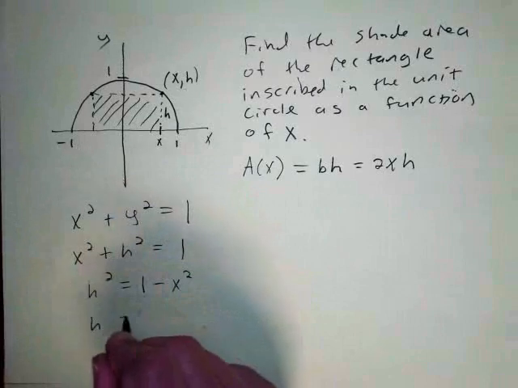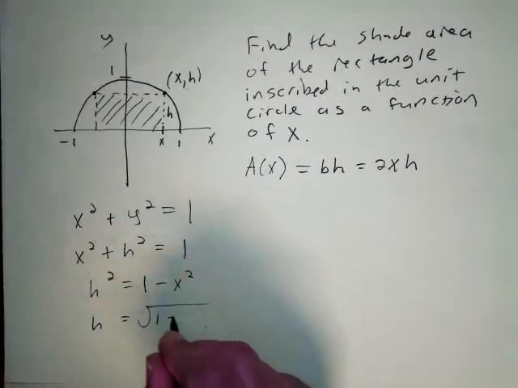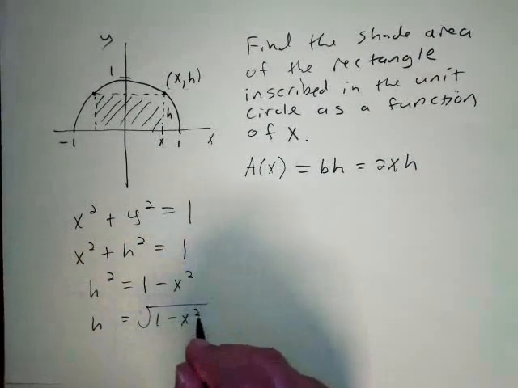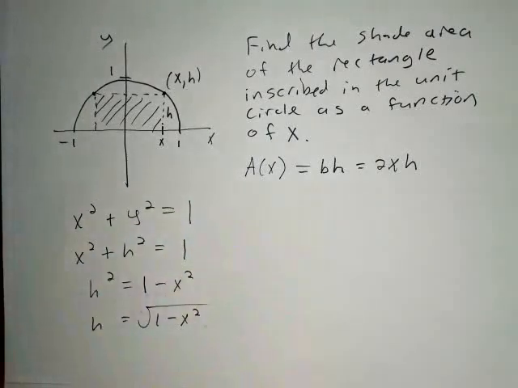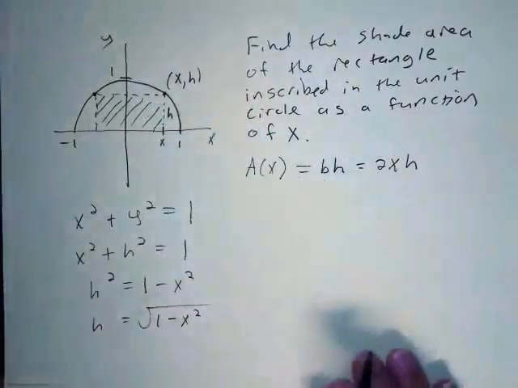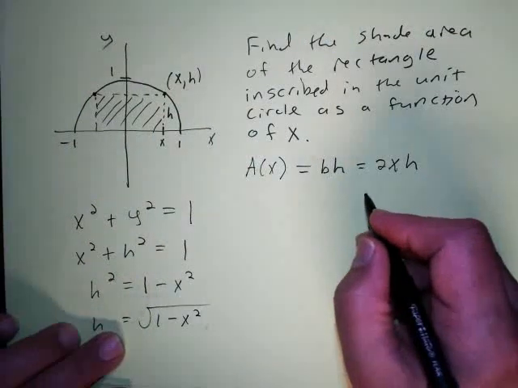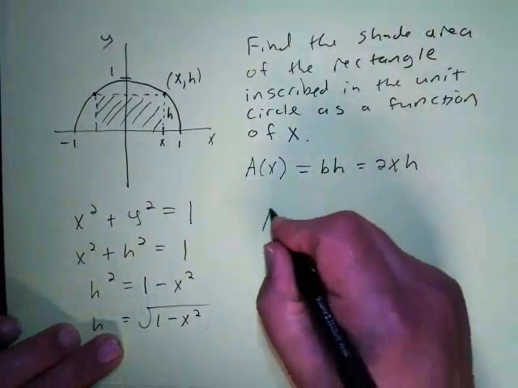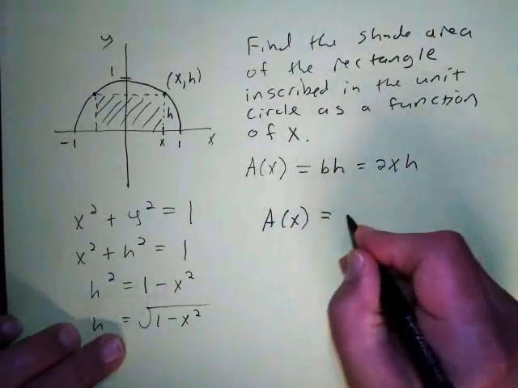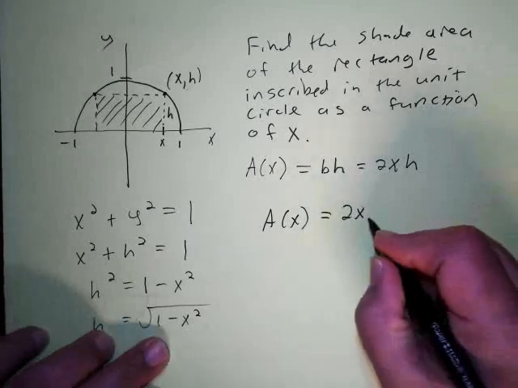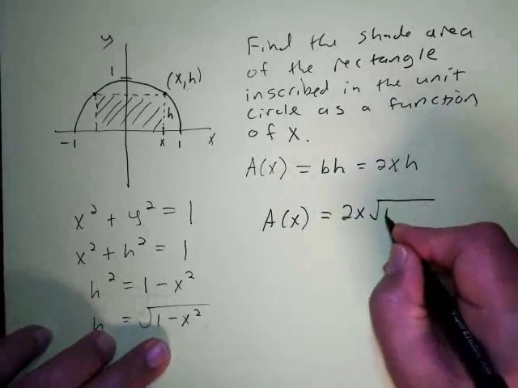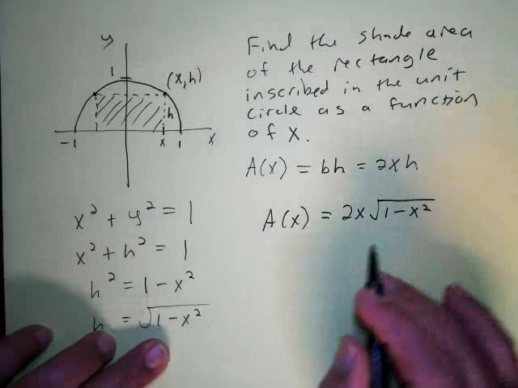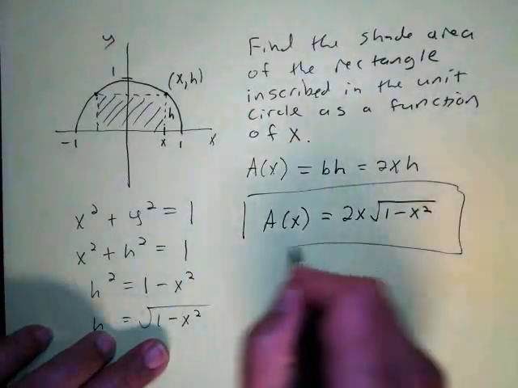And then my h here would just be the square root of 1 minus x squared. And I'm going to take the positive one here. Okay? And so then I could rewrite this whole thing as 2x times the square root of 1 minus x squared. And that's actually my answer here.